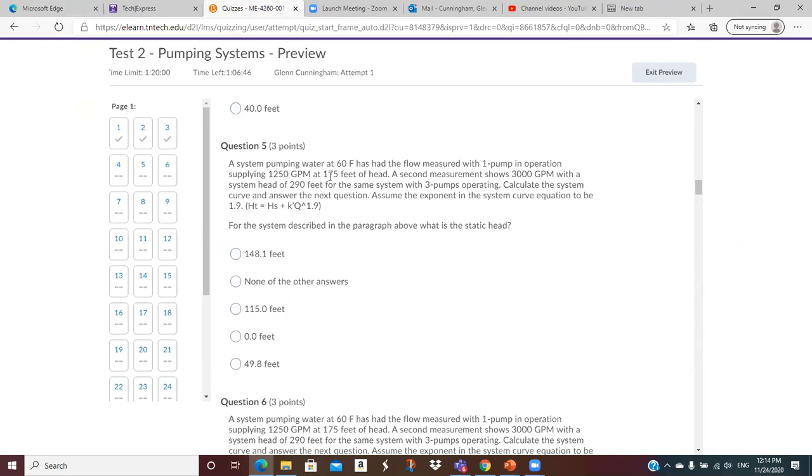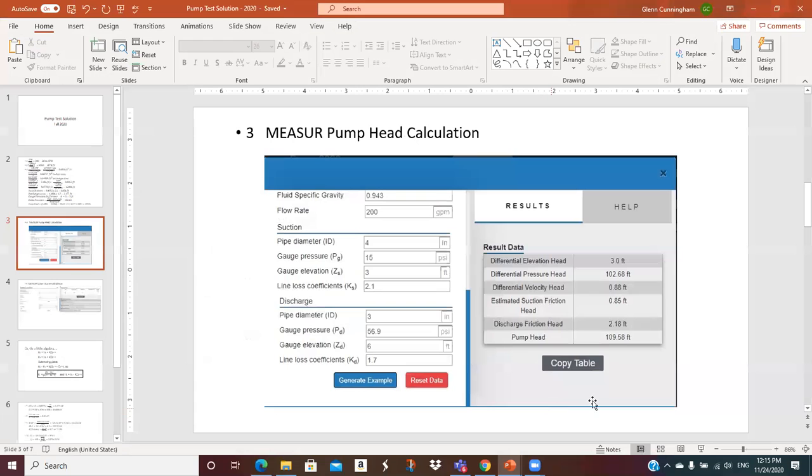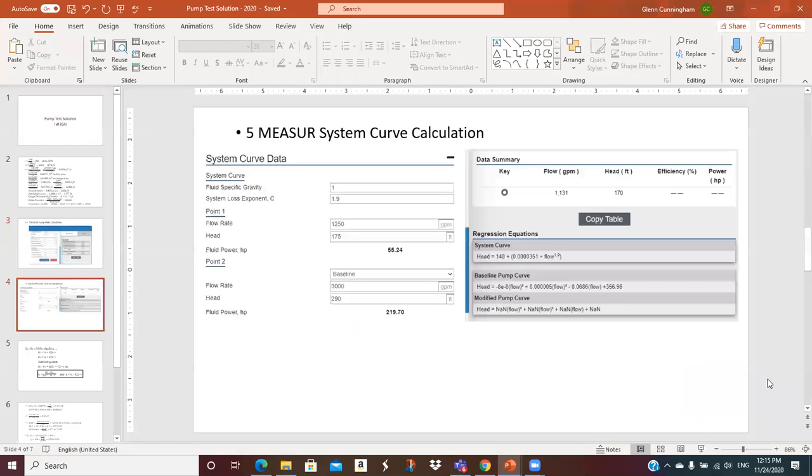One with 175 for HT is equal to HS plus K prime times Q, which is 1250 raised to the 1.9 power. And then you write it again for the second point where total head is 290 equals static, which you don't know, plus K prime, which you don't know, times 3,000 to the 1.9. And then you solve that. If you did this in MEASUR or PSAT, it's pretty darn easy.